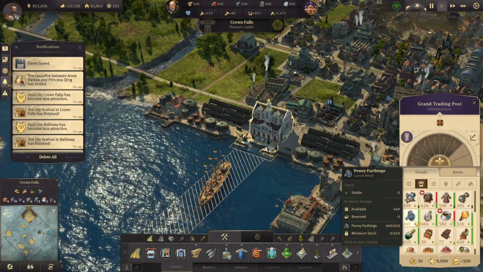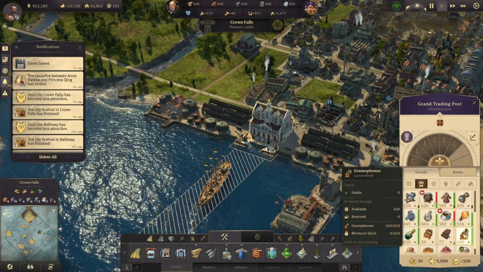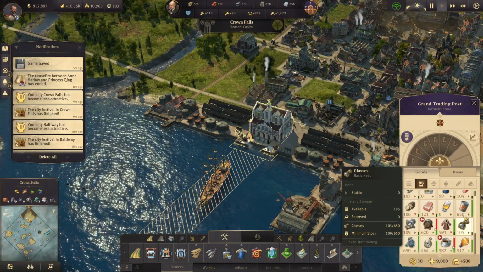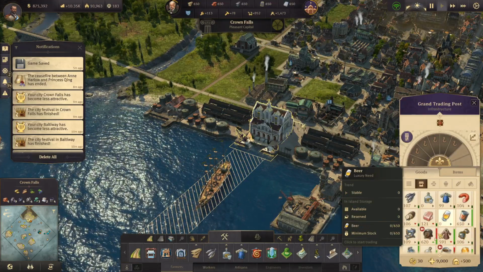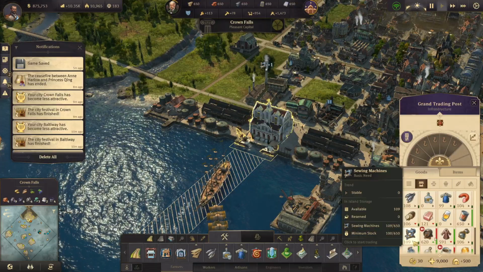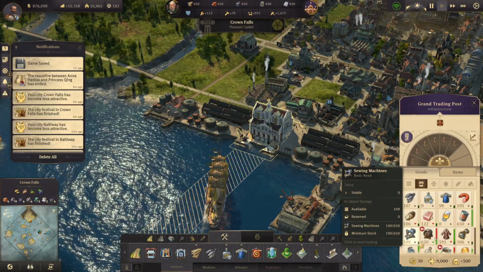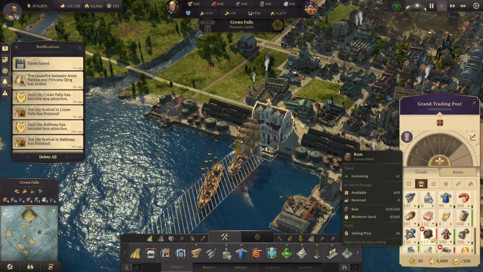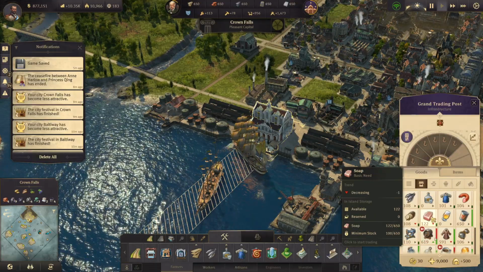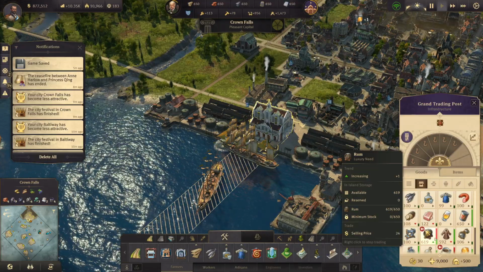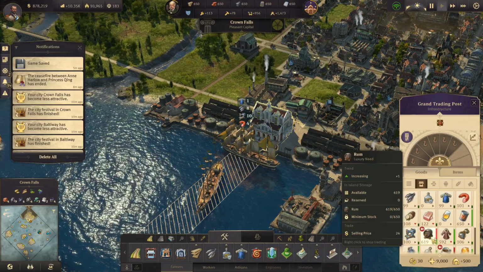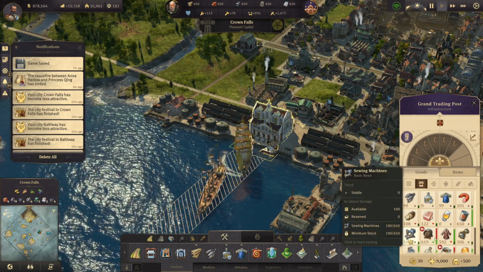I need a trade route set up for penny farthings, champagne, gramophones, light bulbs, canned food I could be selling. But I have active trade routes set up, because it's that dark green as opposed to the light green like the rum is at. Anything that's a passive trade also has that arrow on it, so that's another thing you can look for to see what you have set up for passive trade versus active.